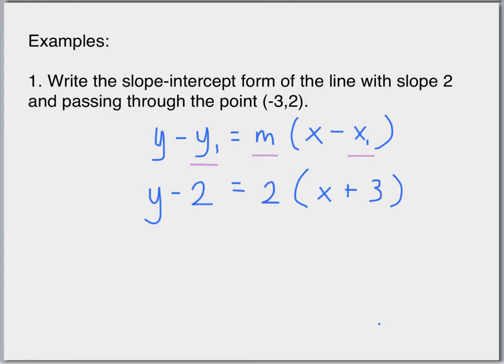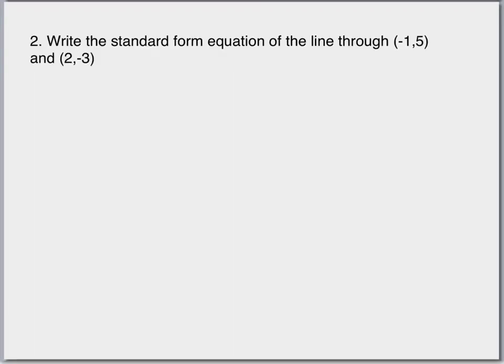Minus a negative is the same as adding a positive. So I'm going to distribute down here a little bit. This is going to be 2x plus 6 and y minus 2. So I just simply need to add 2 to each side to get it in that slope-intercept form. So my final answer here is going to be y equals 2x plus 8. Not too bad. A couple more examples here.